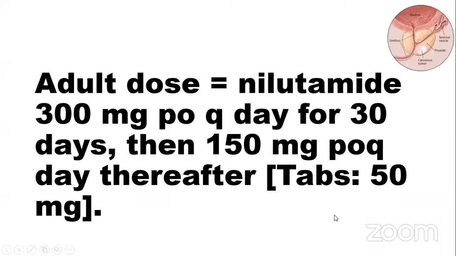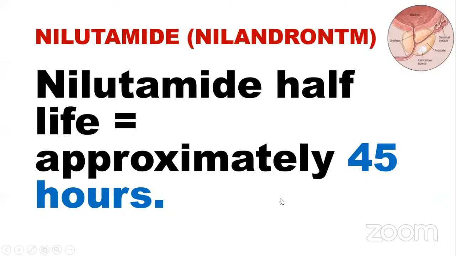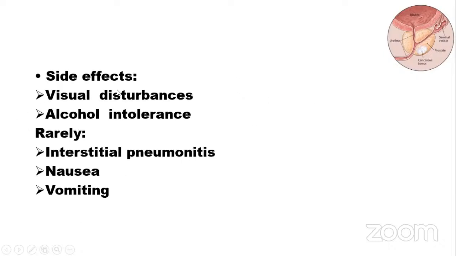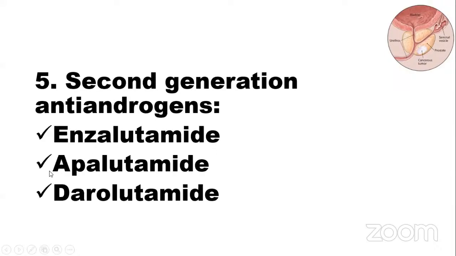Adult dose of nilutamide is 300 milligram per oral daily for 30 days, then 150 milligram daily thereafter. Side effects: visual disturbance, alcohol intolerance, rarely interstitial pneumonitis, nausea, vomiting.